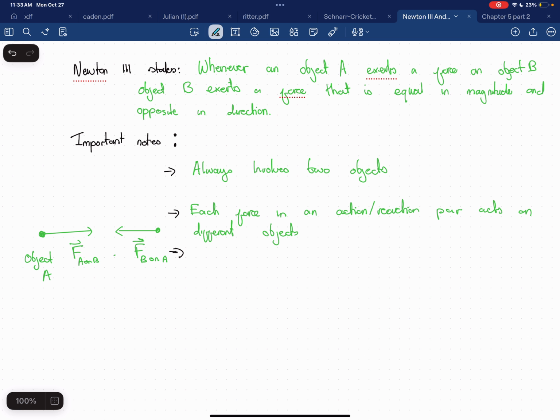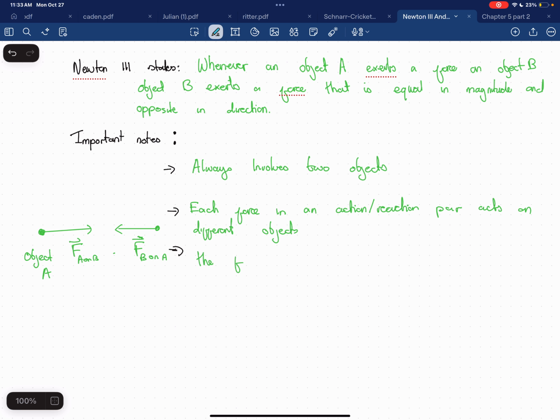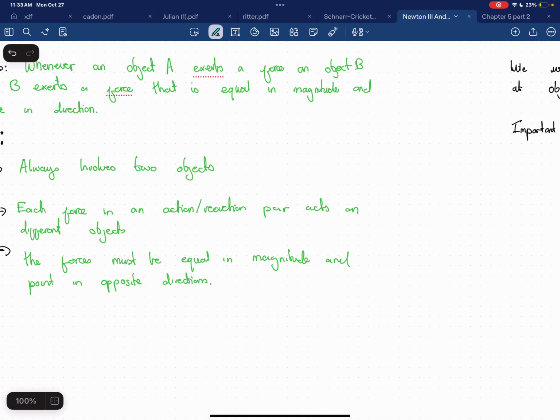And of course the forces must be equal in magnitude and point in opposite directions.